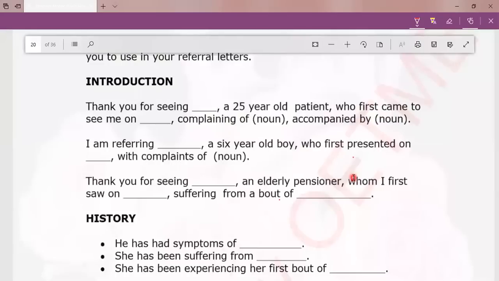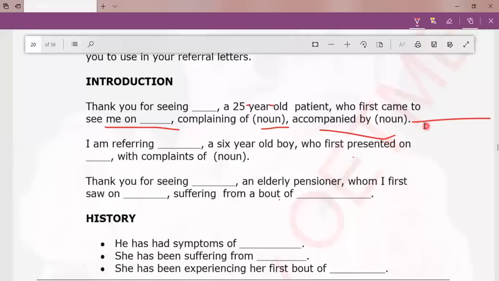Thank you for seeing Mrs. Ghada, a 25-year-old patient, or profession, but try to hyphenate 25-year-old patient, who first came to see me on, who has been suffering from, or is presenting with, or whose signs and symptoms are consistent with or suggestive of, or complaining of, and this is the disease, accompanied by, or whatever.